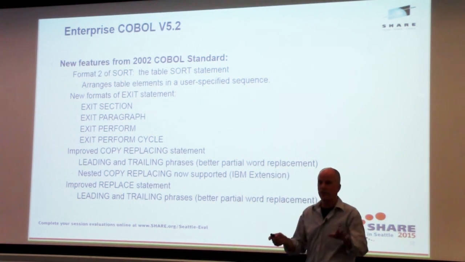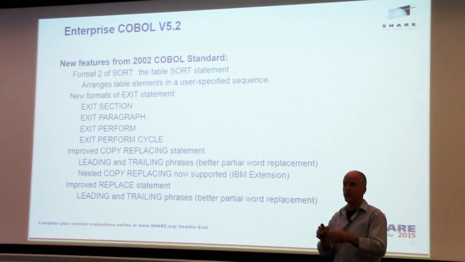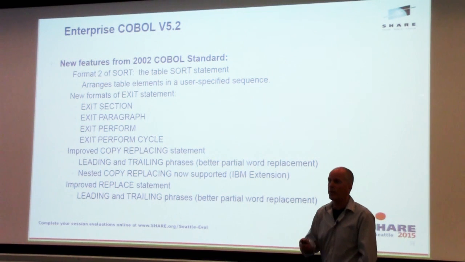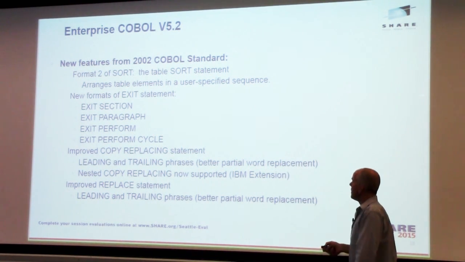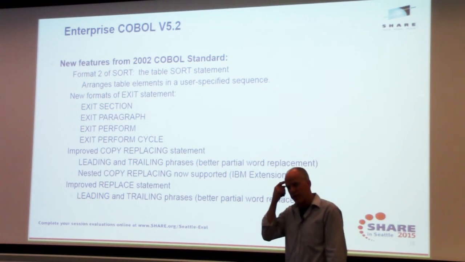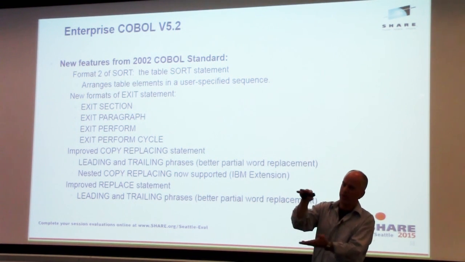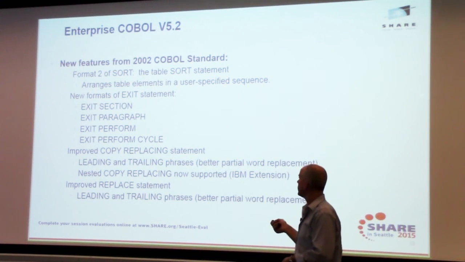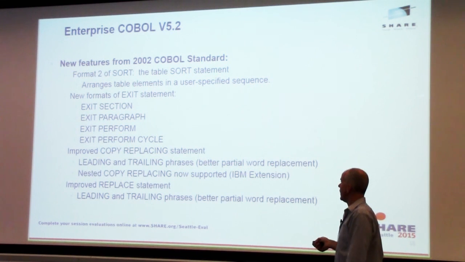So we're never going to do screen handling in COBOL, even though it's part of the standard. And none of our clients will, correct me if I'm wrong, I've never heard anyone say they wanted to do screen handling in COBOL anymore. That's more of a 1985 kind of thing. But there are a bunch of good things, and we've added a section in the language reference manual with a list of all the parts of the COBOL 2002 standard that we have already done. And so now you can see the progress we've been making in that area.